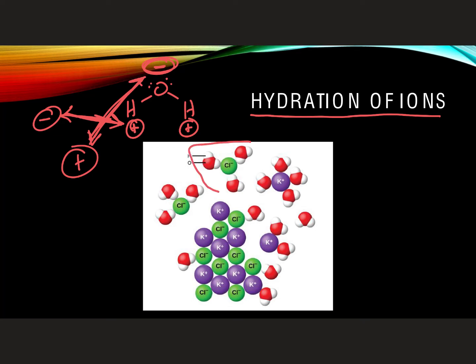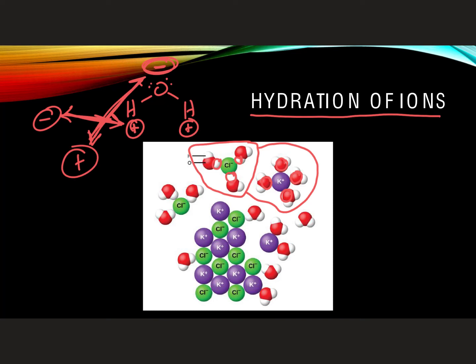That's what we're showing in this image. Here's your chloride ion, which is negative, and notice how it's interacting with the hydrogen atoms on the water molecule. Here's your potassium ion, which is positive, and it's interacting with the negative half of the water molecule, or the oxygen. This is your hydration of ions, and this is what causes some ionic compounds to dissolve.